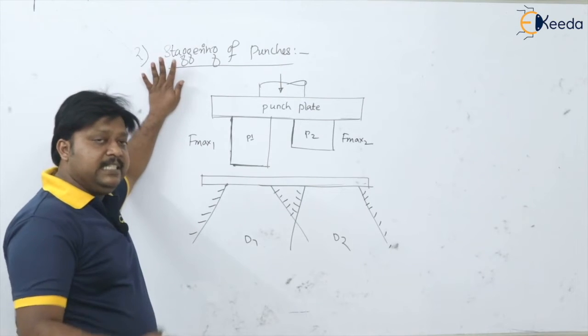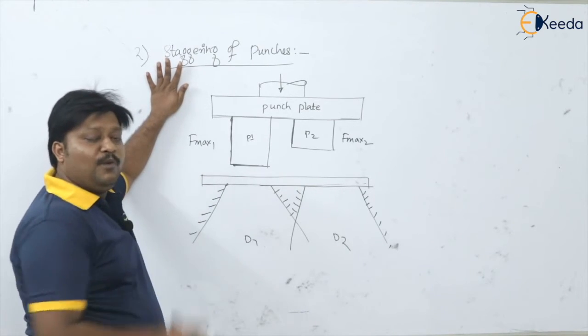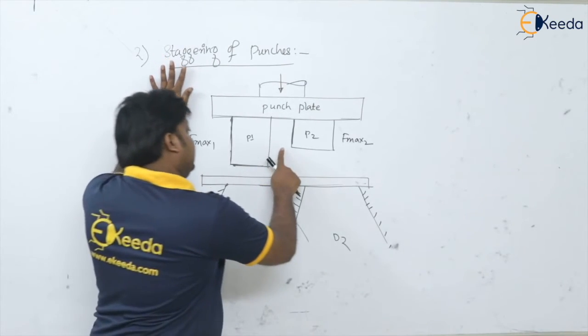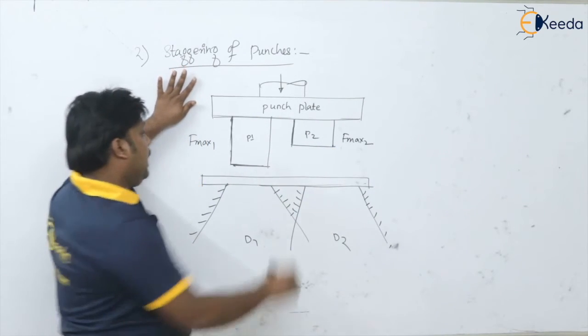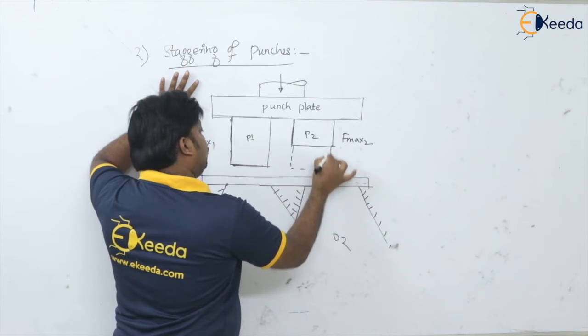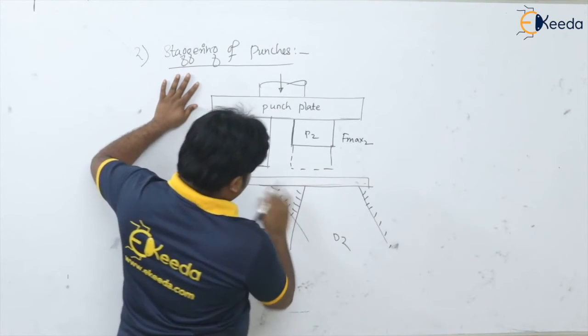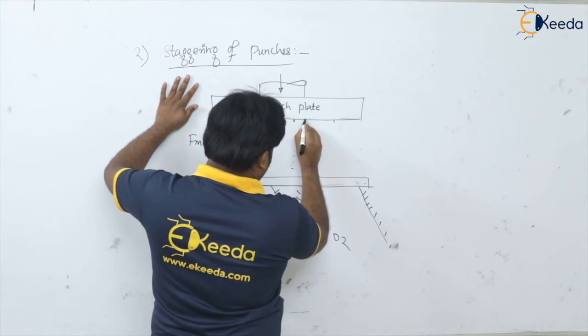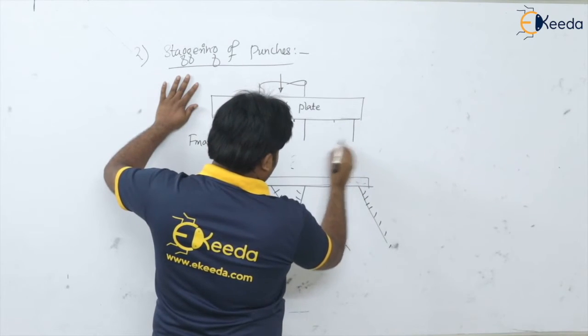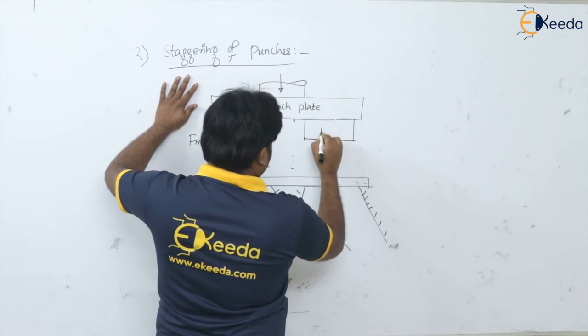Now let us consider that if we had not provided any kind of staggering for the length of the punches, what will happen? If we had not provided any stagger here, what would have happened? So it should be about this. This is P2.